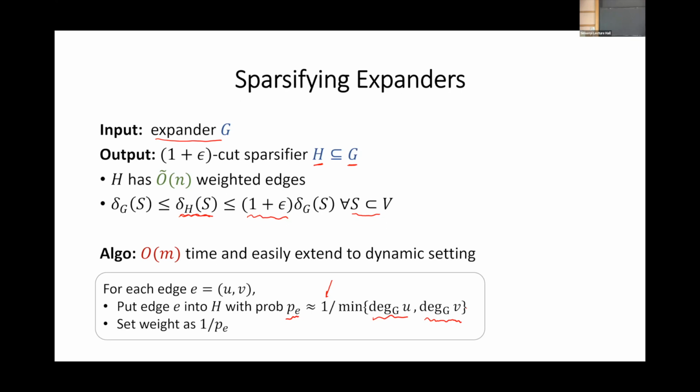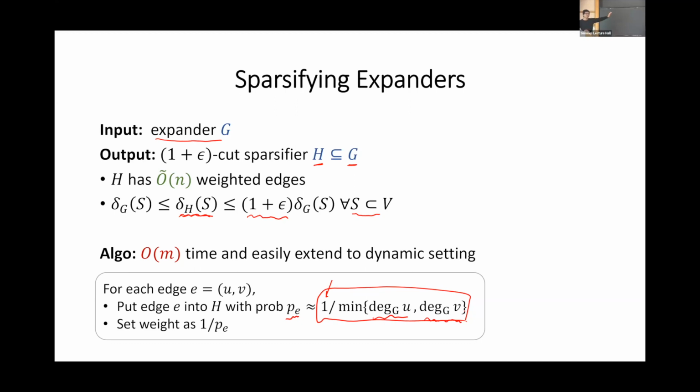So this is the algorithm. I hope that you see that if you have seen the way to specify the graph before, PE usually depends on effective resistance, something that is more complicated.